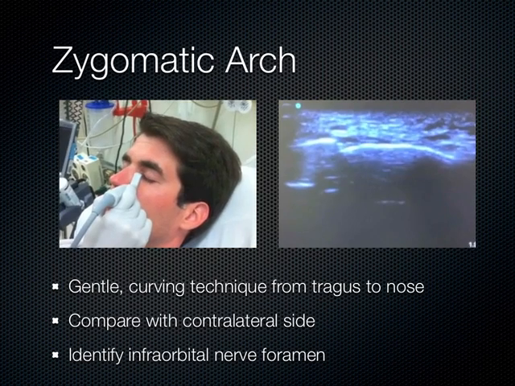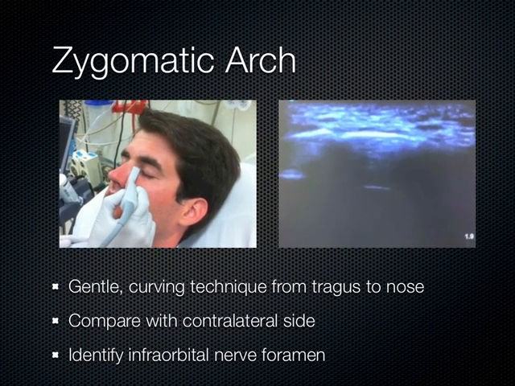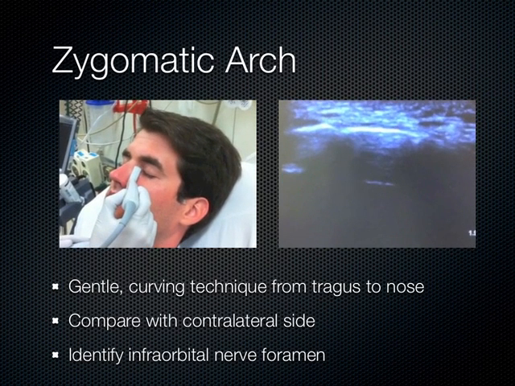You just take that gentle curving technique from the tragus of the ear all the way over to that nasolabial fold, and the good thing is you can compare it to the other side. And once in a while, you'll see the infraorbital nerve foramen drop down, and it's pretty easy to make out.